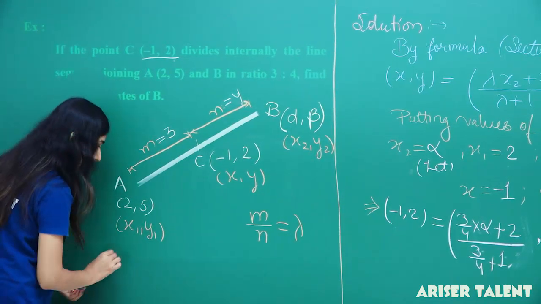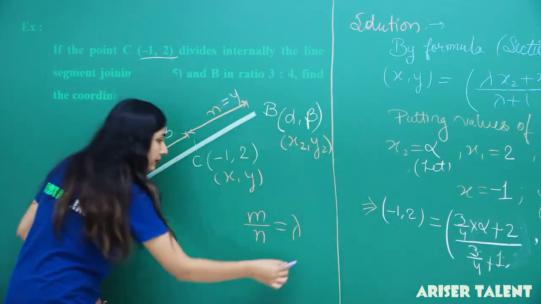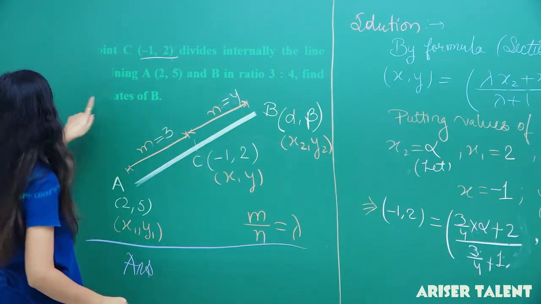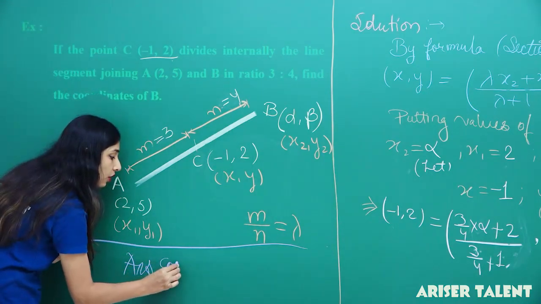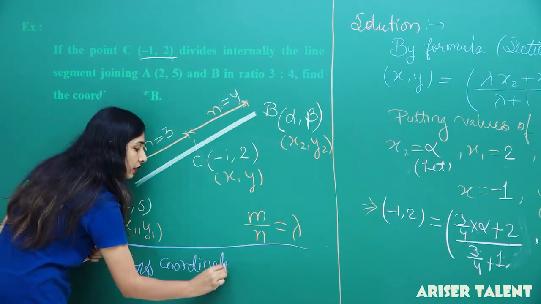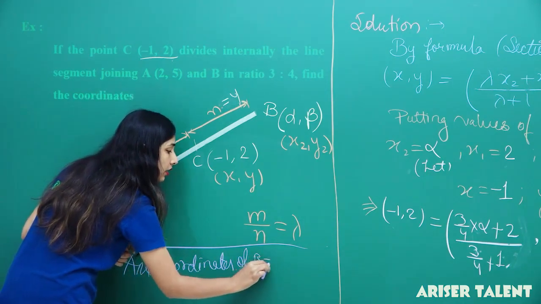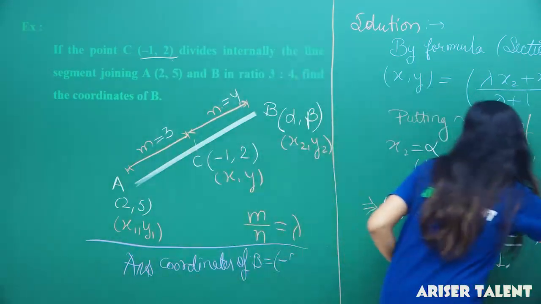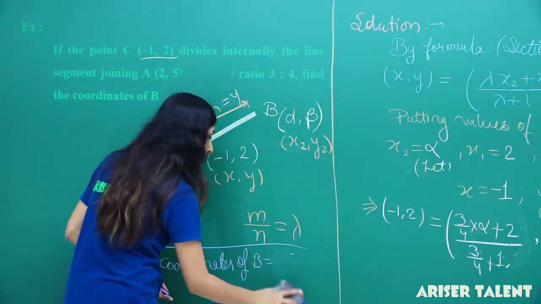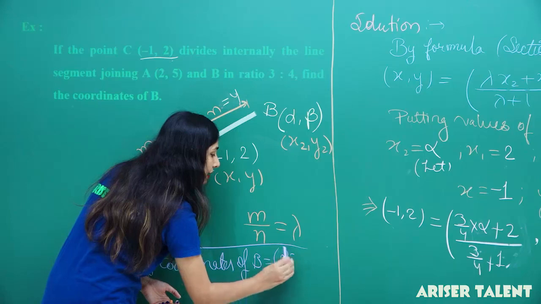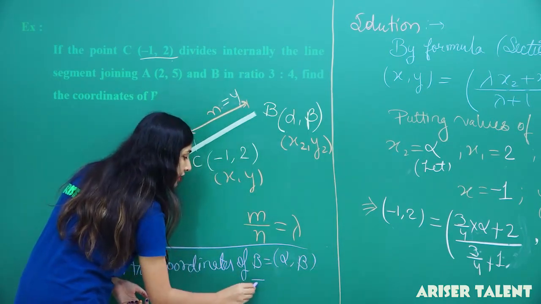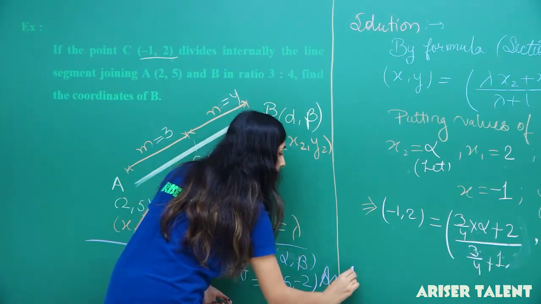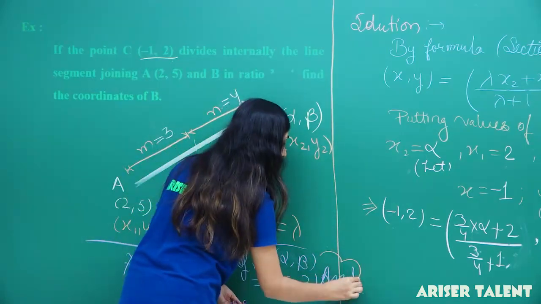If I talk about the answer, here, we were trying to find out the coordinates of B. Coordinates of B equals to alpha and beta, which is equal to -5 and -2. So, this is our answer.